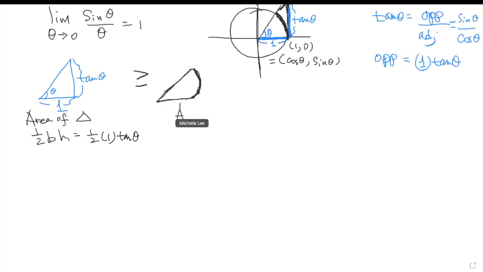Then the area of the sector will be, you don't remember, so let me write down, theta r squared over 2. Okay, then what's r in this case? Radius r, what is that?